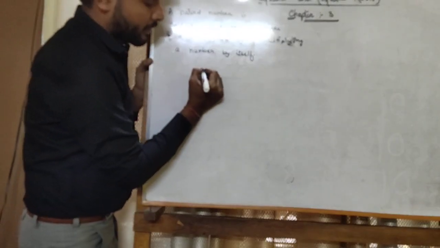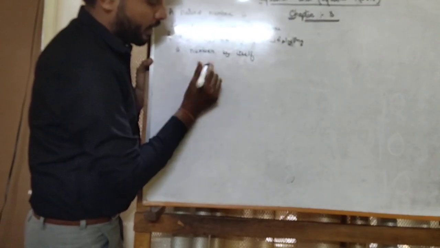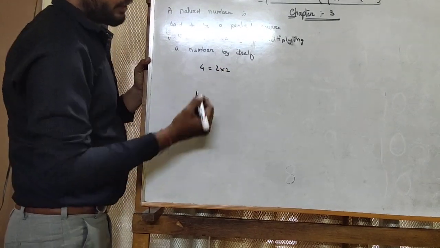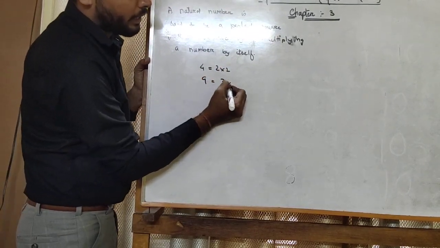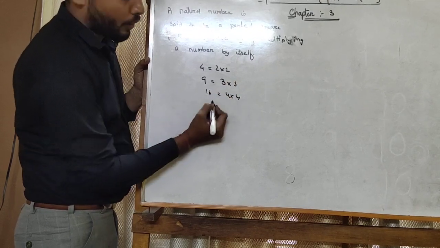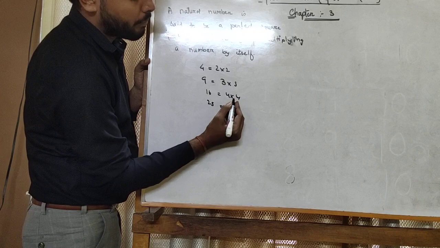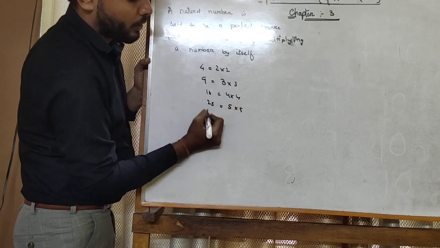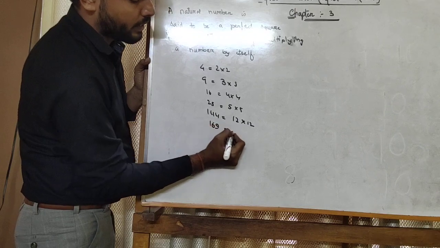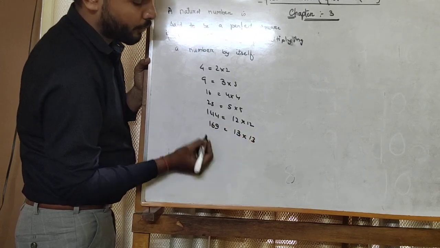Suppose I say 4 is obtained after multiplying 2 into 2. So 4 is a perfect square. 9 is obtained by multiplying 3 into 3. 16 is obtained by multiplying 4 into 4. 25 is obtained by multiplying 5 into 5. 144 is obtained by multiplying 12 into 12. 169 is obtained by multiplying 13 into 13.